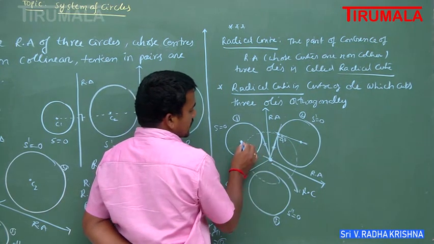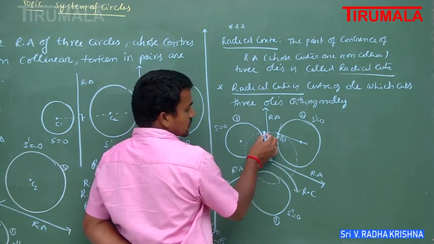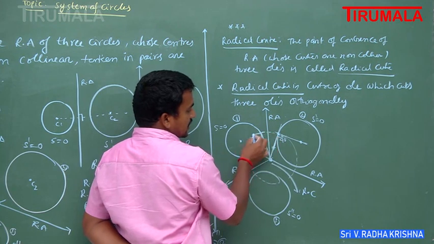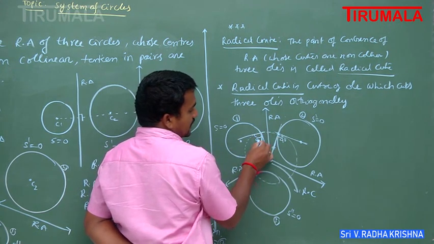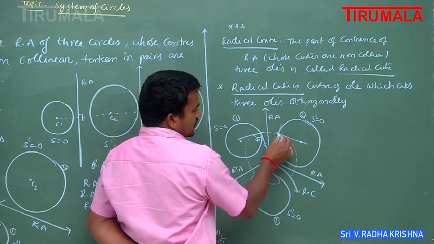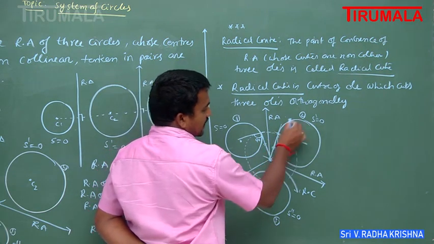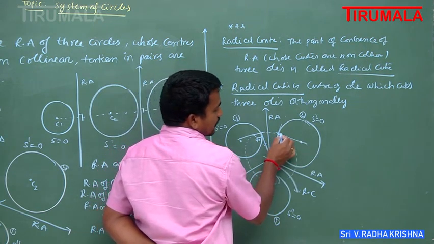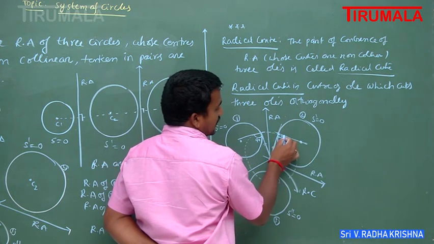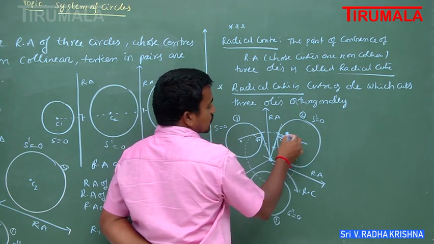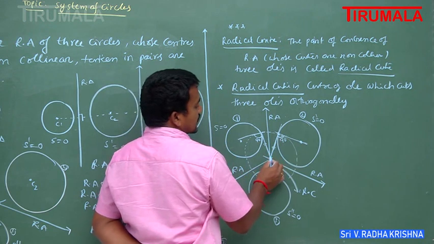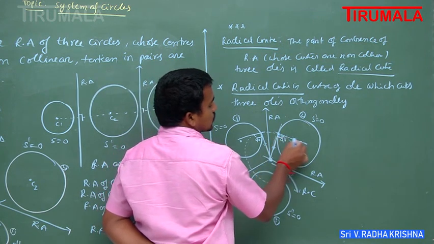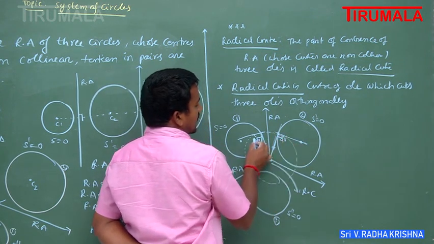Similarly, this is the tangent. Take the tangent to this circle also, the angle is 90 degrees, because this is the tangent of this circle and the perpendicular line passes through the center. So the angle between the two circles is 90 degrees, and the tangents pass through the centers of the two circles, so the angle between the tangents is 90 degrees.